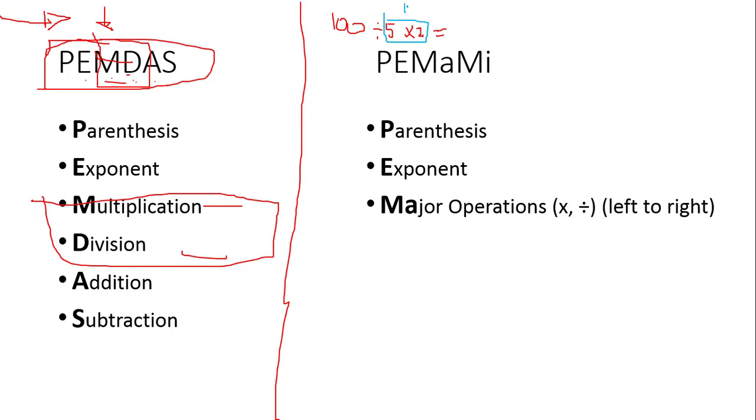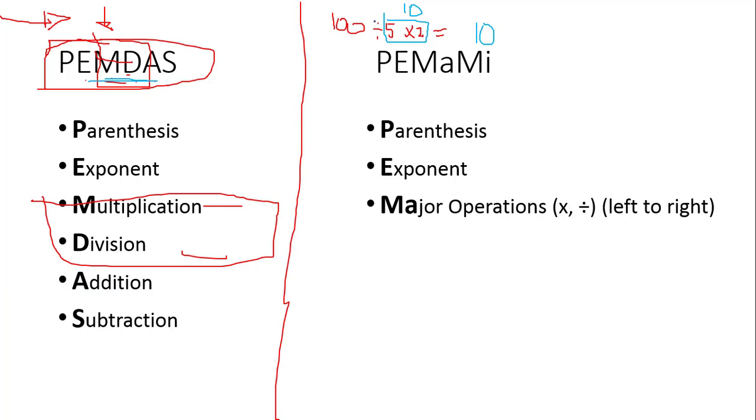So, we have 5 times 2 is 10. 100 divided by 10 is 10. So, ang magiging answer mo is 10. Kung hindi mo alam yung theory ng PEMDAS or kung hindi mo alam yung concept nito.